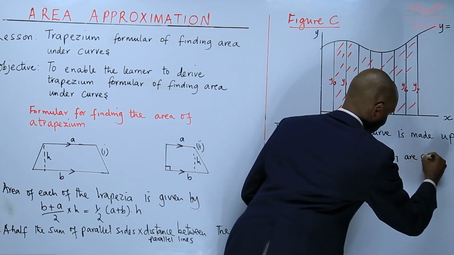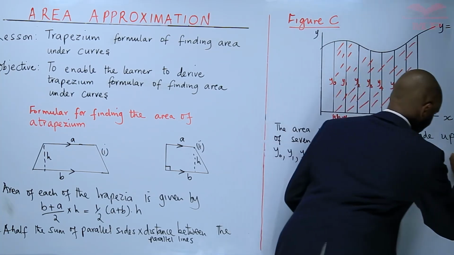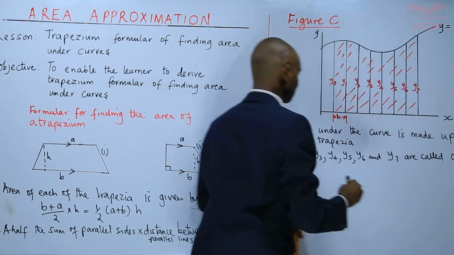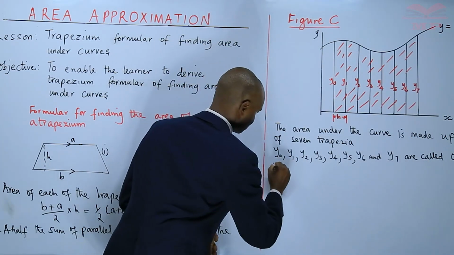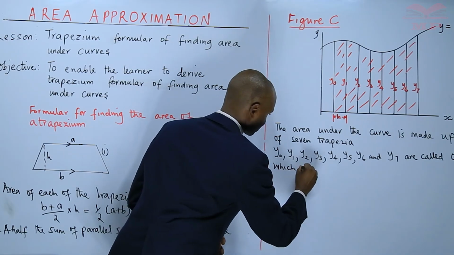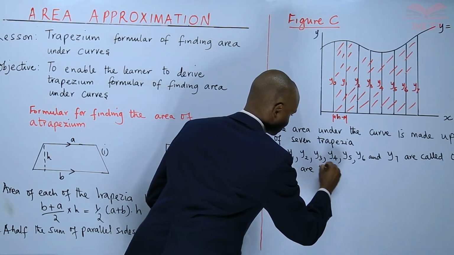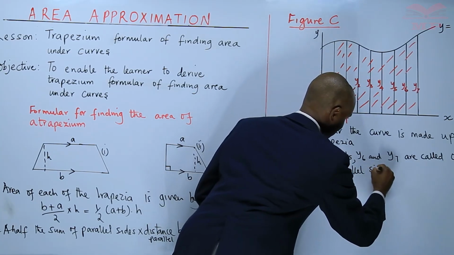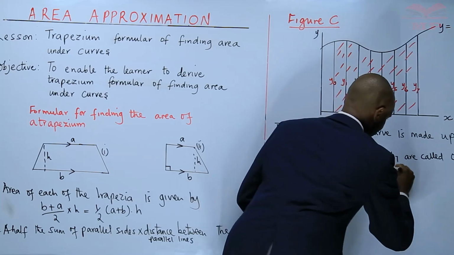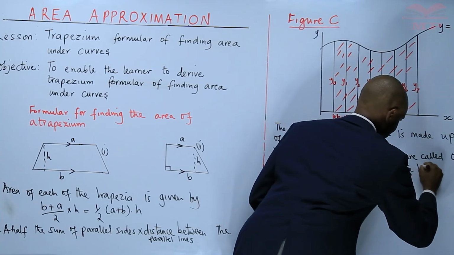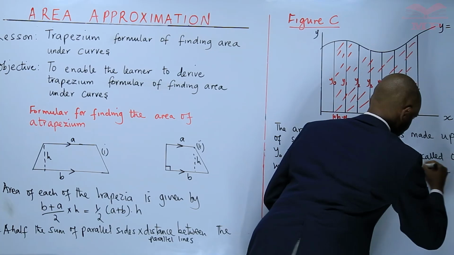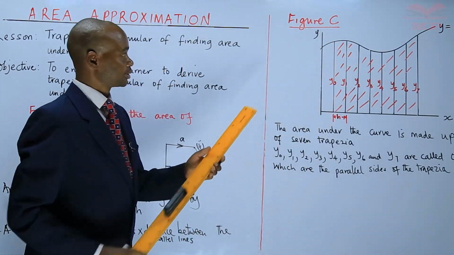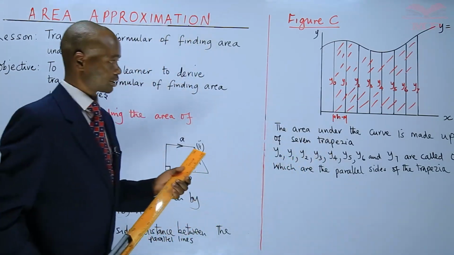are called ordinates, which are the parallel sides of the trapezia. So learner, those lines, the lengths y0, y1 up to y7, those are the ordinates.